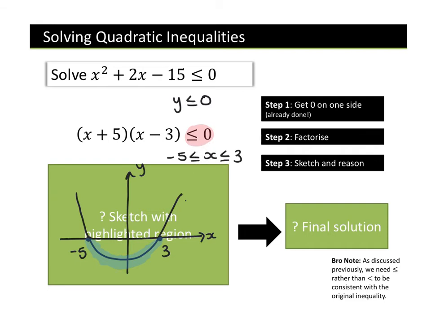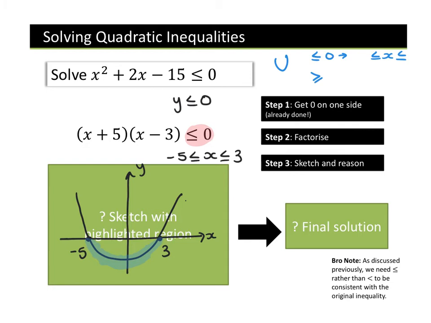So, there is a trick if you want to remember the trick. This only works for a positive curve. So it only works for a U curve. There's a different trick for an n curve, which is a negative quadratic. So the trick is, if it's less than or equal to 0, in your solutions, you will have x in between two values.